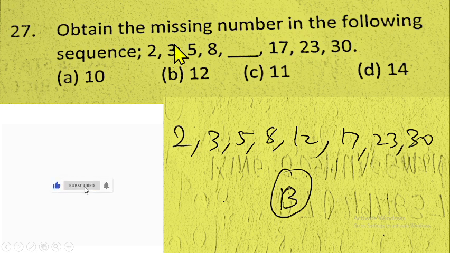They added 2 to this 3 to give us 5. Then they added 3 to this 5 to give us 8. That means if you add 4 to this 8, that should give us 12. Then if you add 5 to 12, that gives us 17 here. So the missing number is 12, and option B is the correct option.